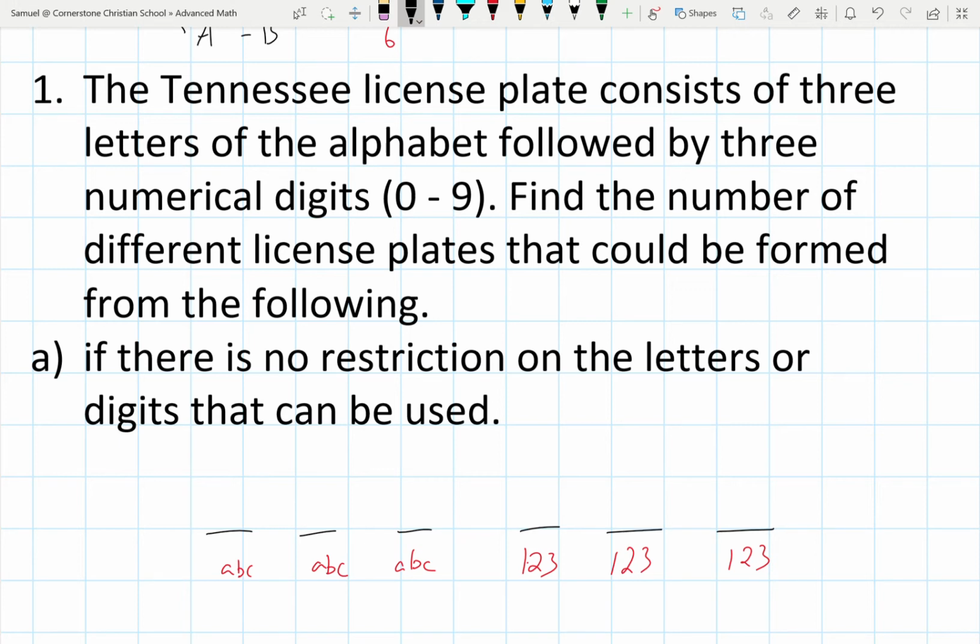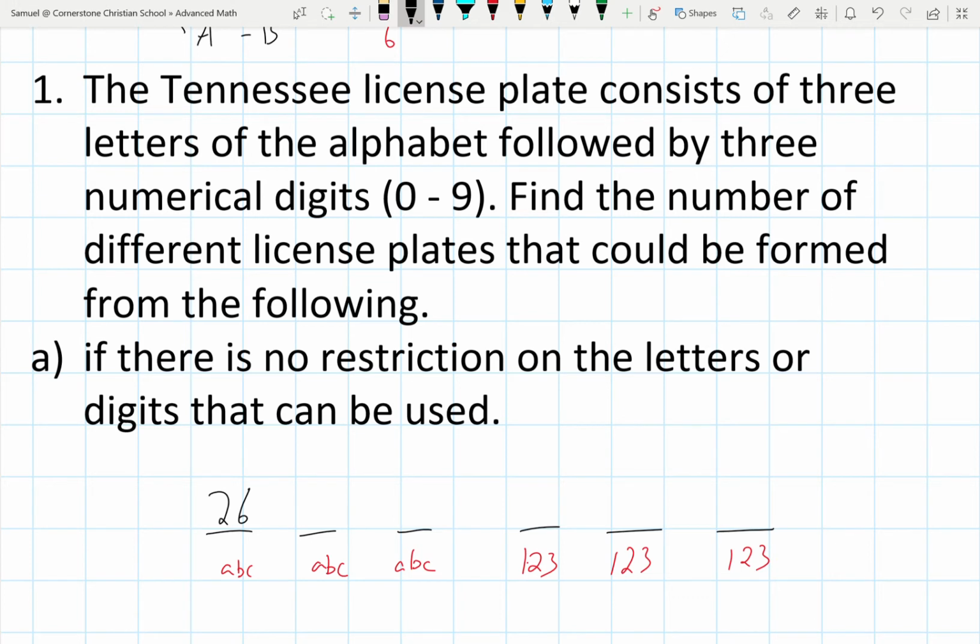So the question I'm asking, if there's no restriction, that means it could be AAA 111. That's one of my options. So the question is, how many options do I have for this first placement? The first thing that I'm placing on this license plate could be A, B, C, and so on. I have 26 different options.